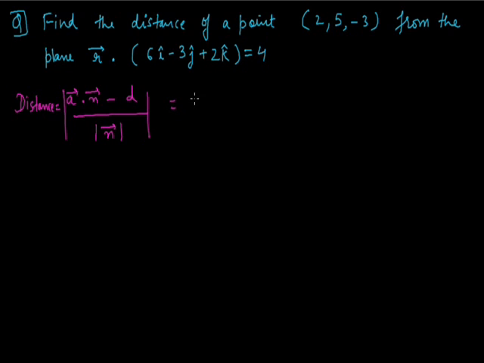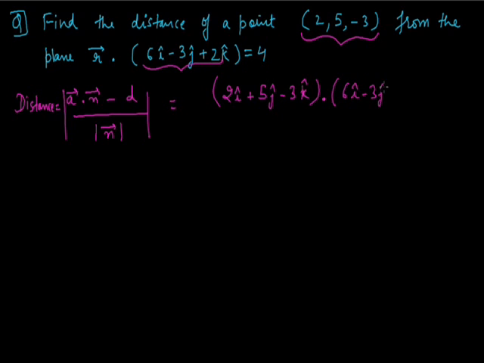Now in this case, a vector is obtained from the point. A vector is 2i cap plus 5j cap minus 3k cap. Its dot product is taken with the normal vector, which is 6i cap minus 3j cap plus 2k cap, minus d. d is the quantity on the RHS, that is 4, whole upon mod of n vector.